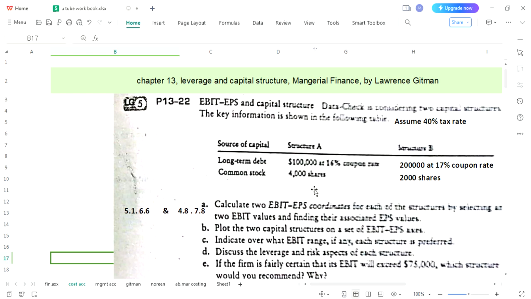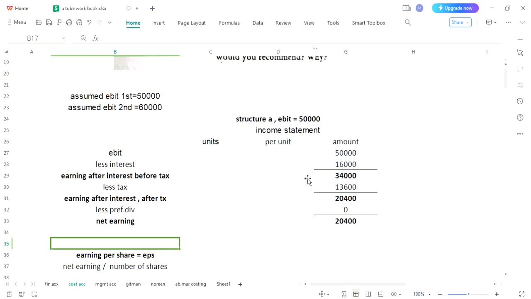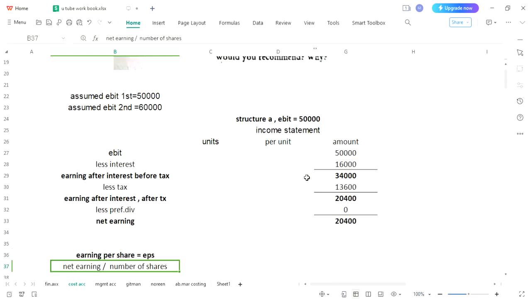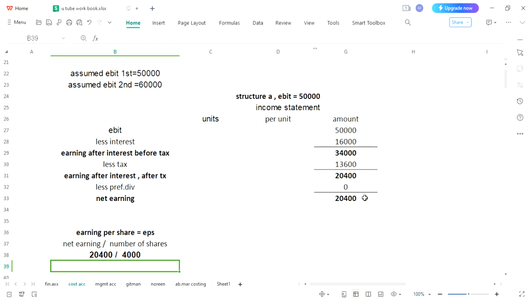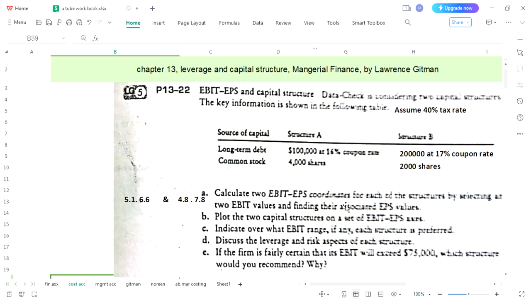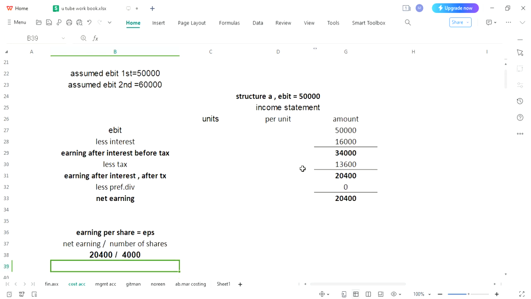Number of shares are present over here, 4,000, and you have your net earning 22,400. So both aspects are ready to be put. Number of shares 4,000. Look over here, this is your net earning and 4,000 shares were mentioned in your question.